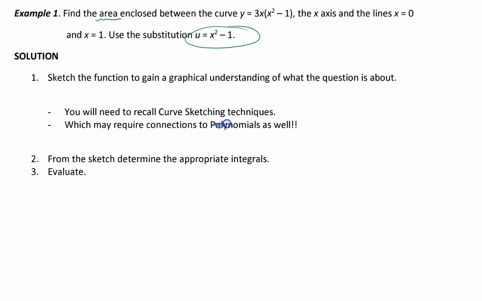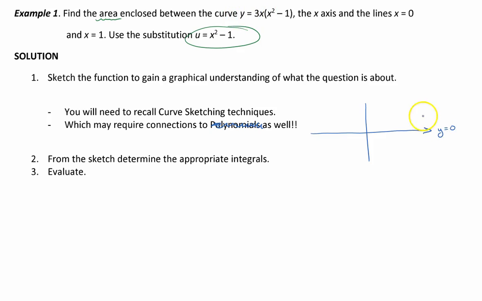So we haven't done polynomials yet, but you'll see that when we do polynomials, it helps us identify where the graph of this function cuts the x-axis. But we already have a bit of an understanding of that. We know that the graph will cut the x-axis when y is 0.